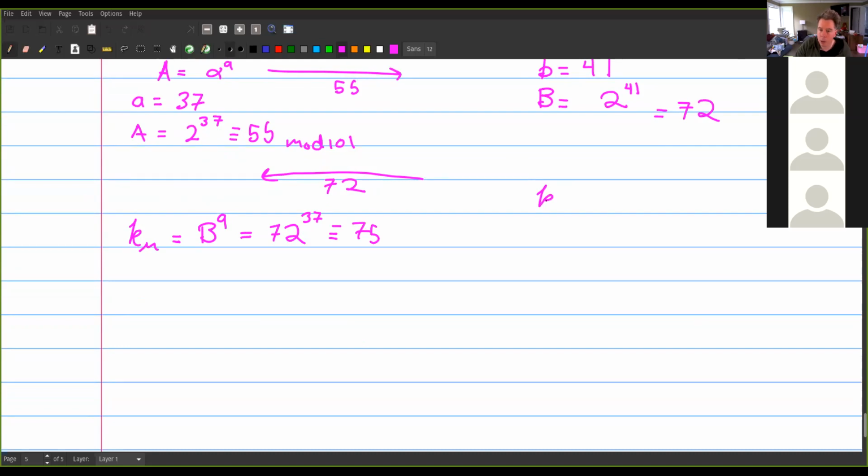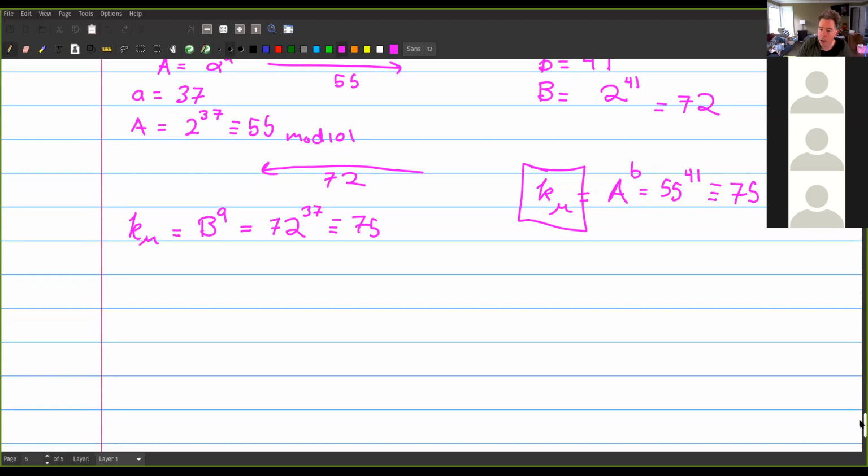Meanwhile, Bob is doing exactly the same thing, except that he raises Alice's public key to his secret. So that is 55 to the 41, and that turns out to be congruent to 75 mod 101. So now they both have KM.